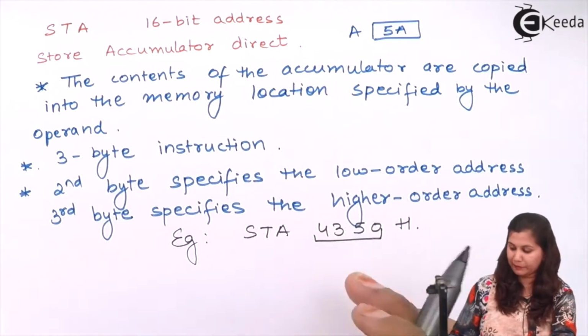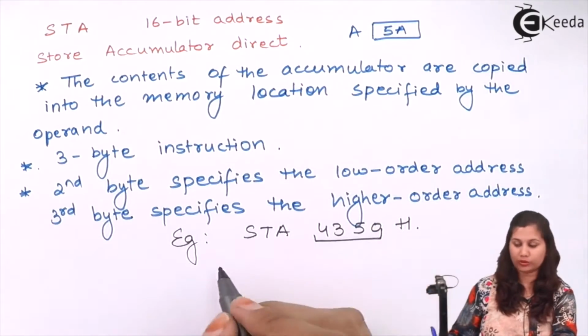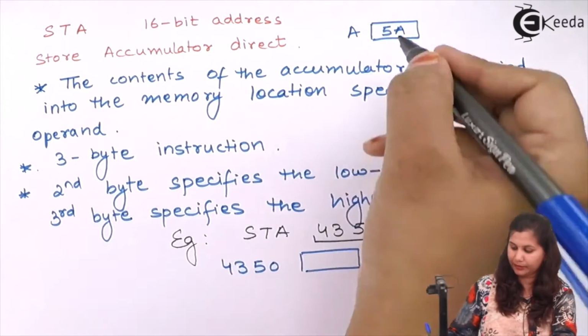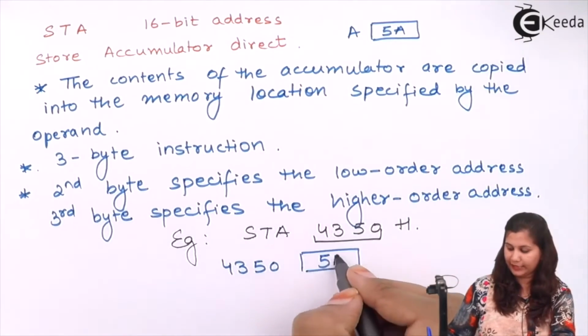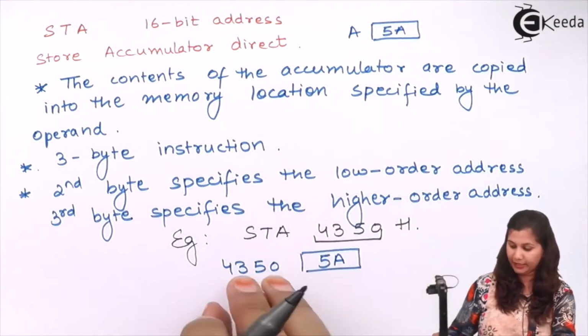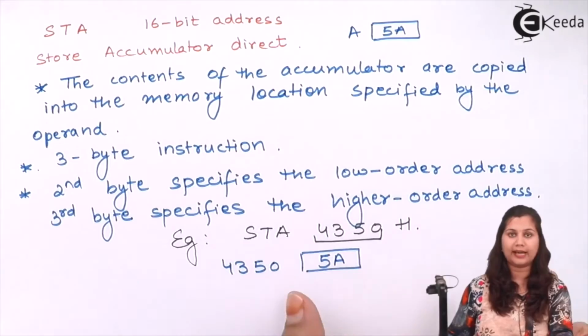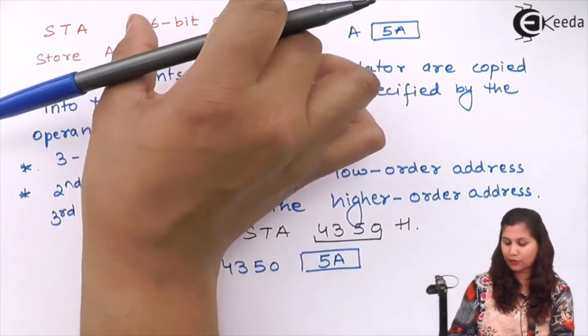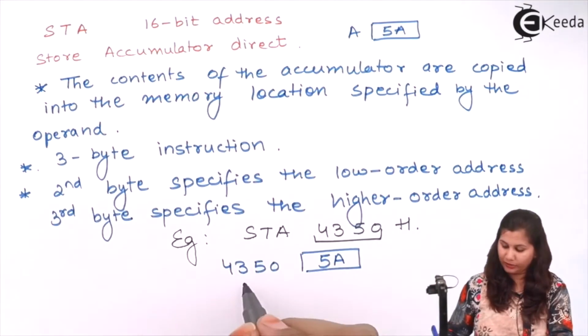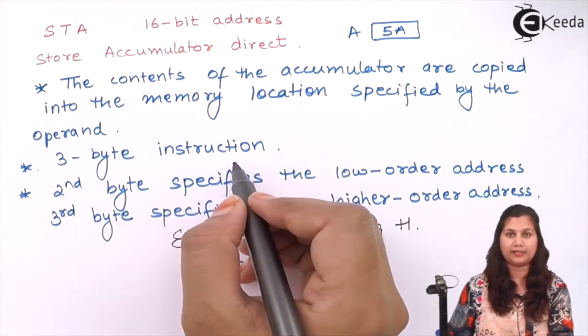So operand is specifying this memory location 4350. So on this memory location, this number 5A will get stored. So we are storing the accumulator at a memory location directly because the address of that memory location is given in the instruction itself. Now this instruction is a 3-byte instruction.